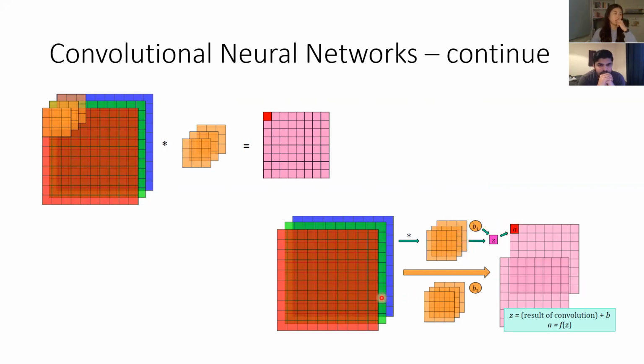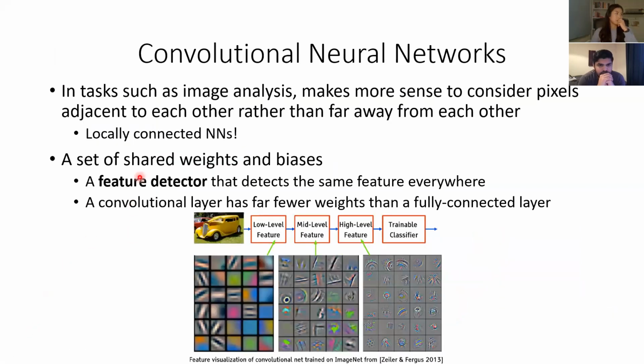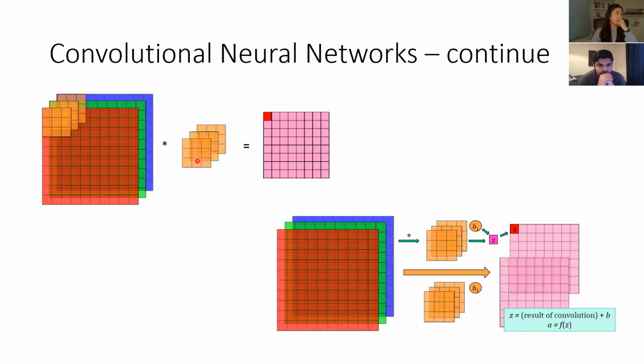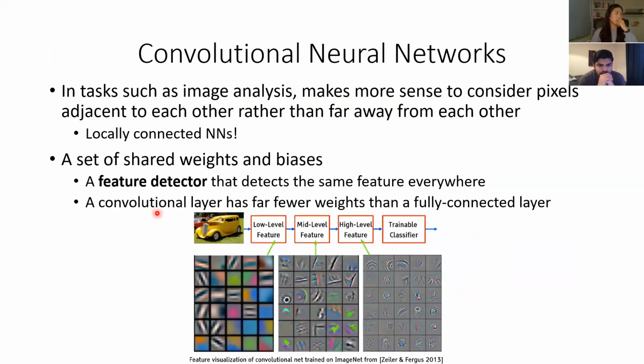So it's another linear algebra. So yeah, you're right. It's a locally connected neural net, and the filter, this guy, can be called a feature detector because it can detect features. I'll just explain here now.